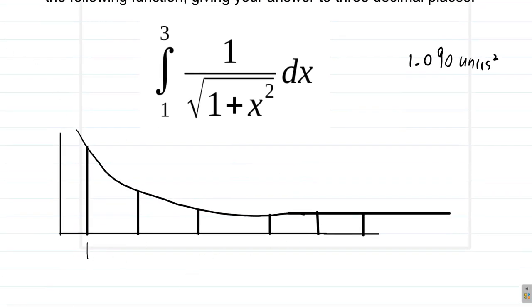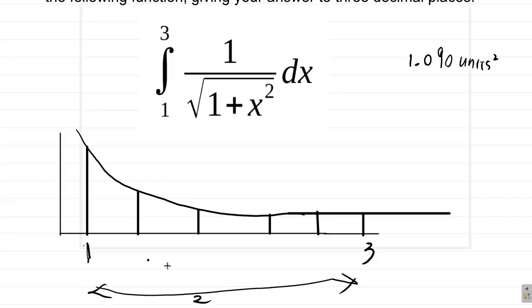This is 1, and this is 3. You have this cut into 5 parts. From 1 to 3 is 2. So the width from here to here is 2, 2 divided into 5, each of them is 2/5 wide. But 2/5 is the same as 0.4. Alright?